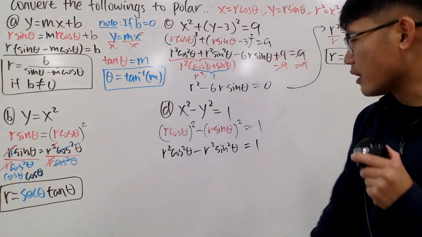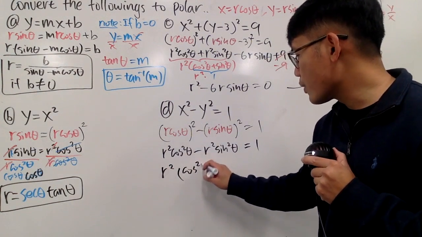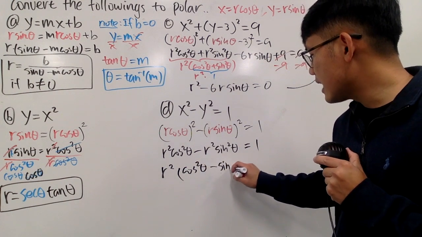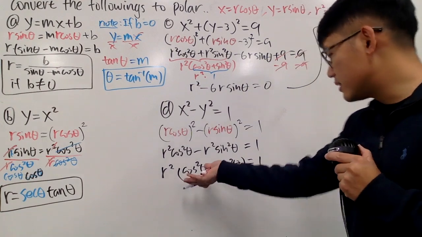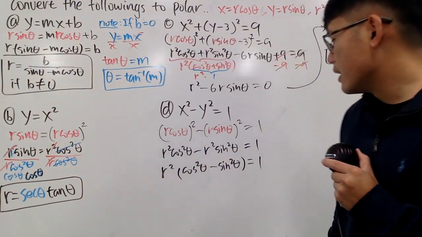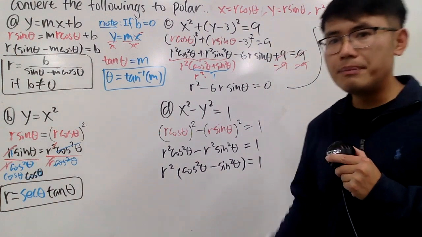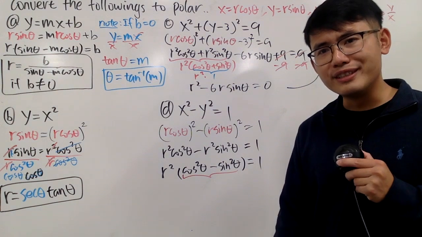Perhaps we can factor out the r squared, and we will. R squared times cosine squared theta minus sine squared theta, and that's equal to 1. And it seems that we should just divide this on both sides. Sure, up to you, no problem at all. And a better thing is that this right here has a nice formula too, isn't it?